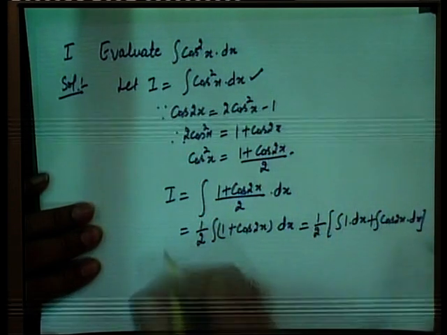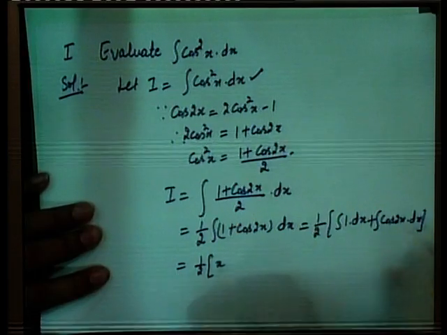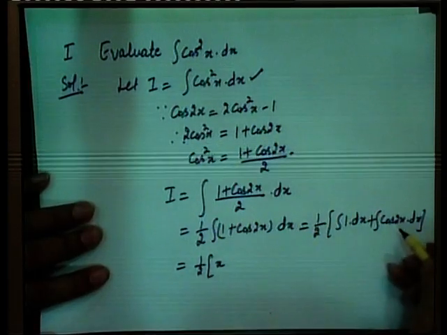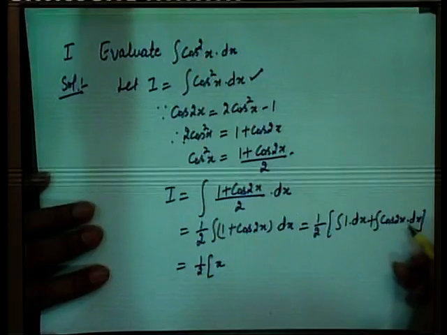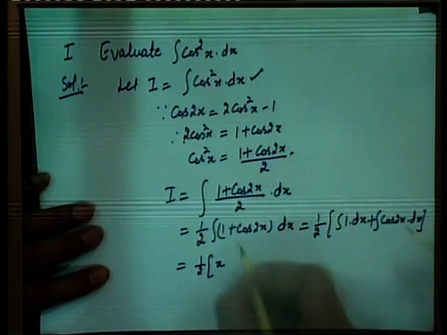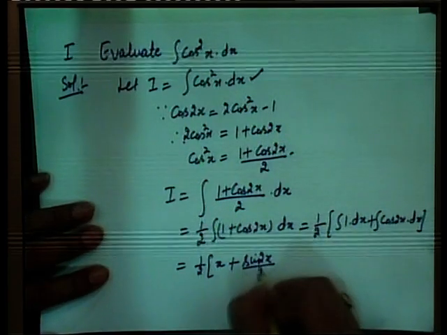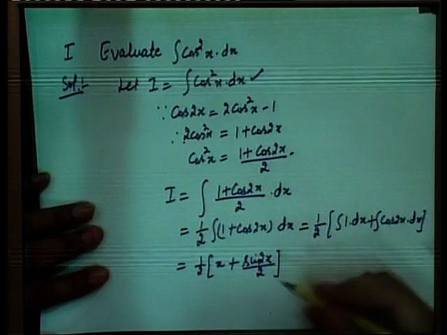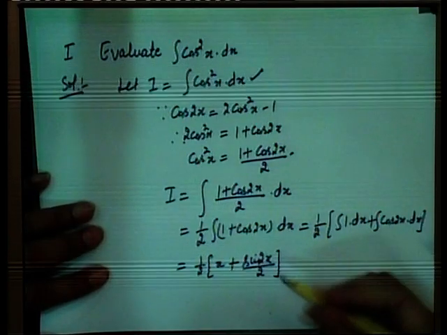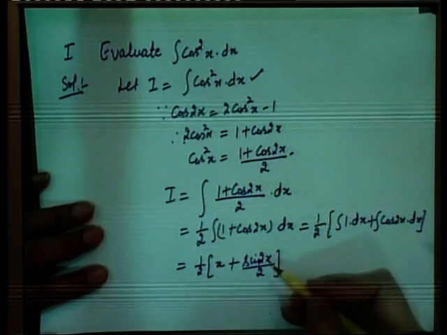In the last lecture we have studied that the integral of 1 is x. Today we have studied that the integral of cos x is sin x. Here we have the function cos 2x and the integral of cos 2x is sin 2x over 2. Now, we know that in differentiation we used to multiply the function by the derivative of the angle.